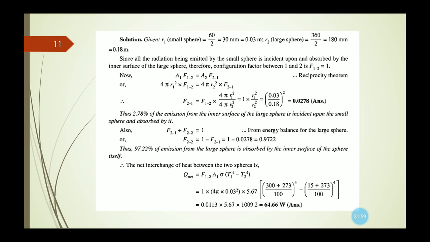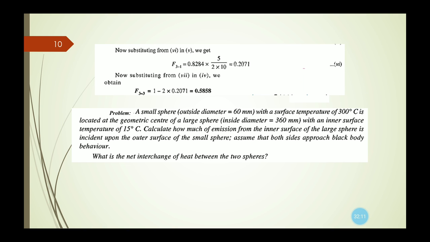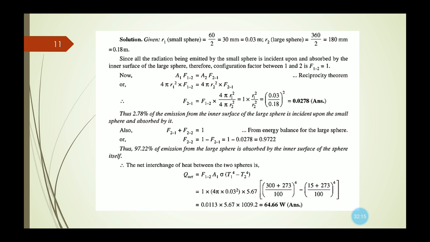Then sigma has a constant value of 5.67 into 10 to the power minus 8. T1 and T2 are given in the question as 300 degrees centigrade and 15 degrees centigrade, and we need to write these in Kelvin. After putting all these values in the formula for Q net, we have calculated the final net heat interchange between the two spheres as 64.66 watt.